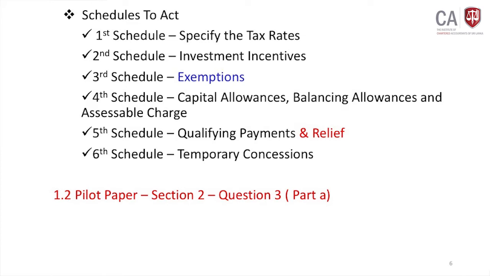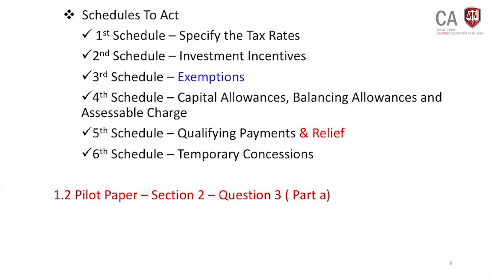Then the fifth schedule, qualifying payments and relief. The fifth schedule is combined with section 52. The guideline is given in section 52, and what the qualifying payments are, how to claim, and what the maximum limits are is given in the fifth schedule to the act. And why do I have the relief in red?